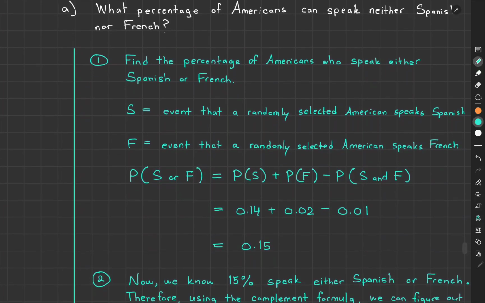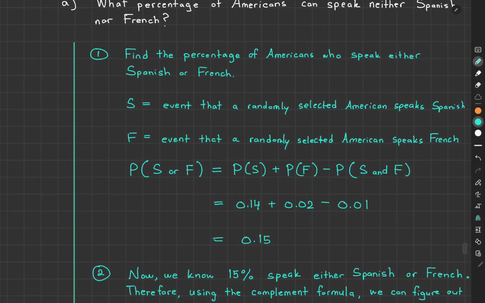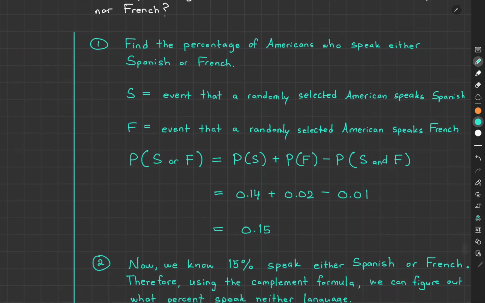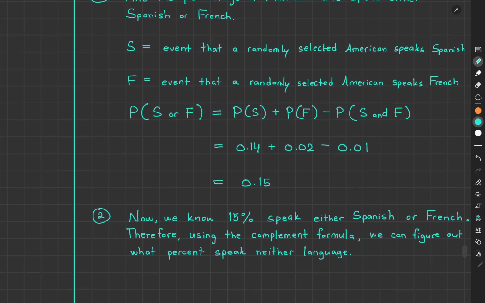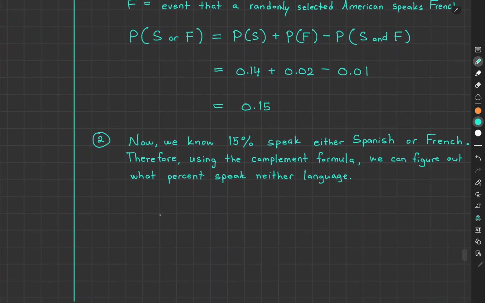From here, since we know 15% speak either Spanish or French, using the complement formula, we can figure out what percent speaks neither language. So the probability that they speak neither Spanish nor French is equal to 1 minus the probability that they speak Spanish or French.